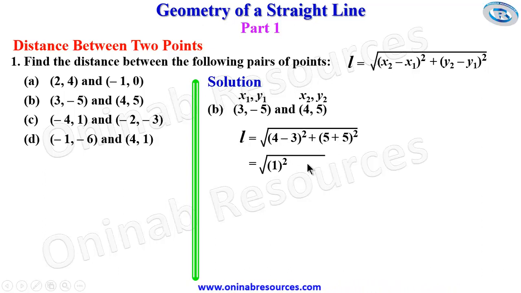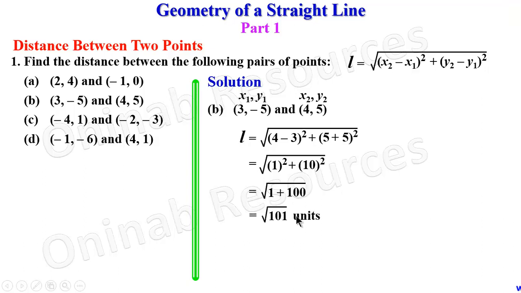So 5 plus 5 gives 10, so we have it as +10 squared. And here is going to give us 1 plus 100, giving us square root of 101 units. This cannot be simplified further, and we are leaving our answer in surd form. So that's all for problem 1b.